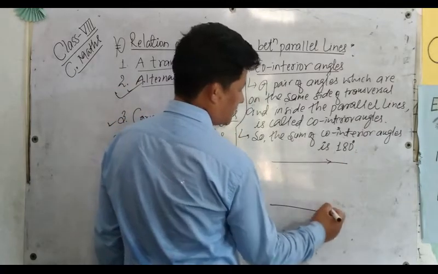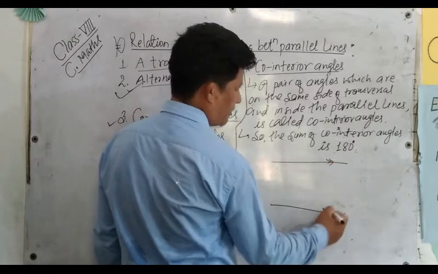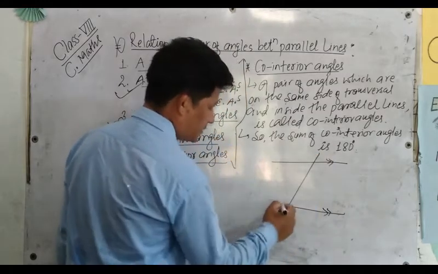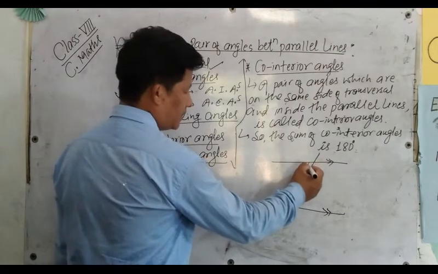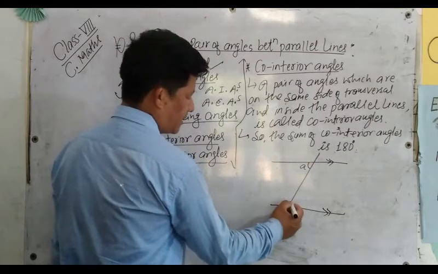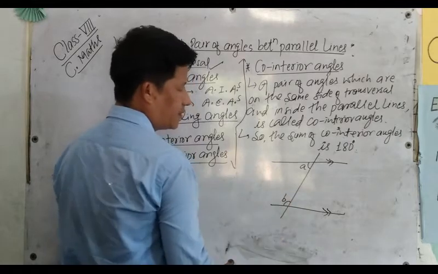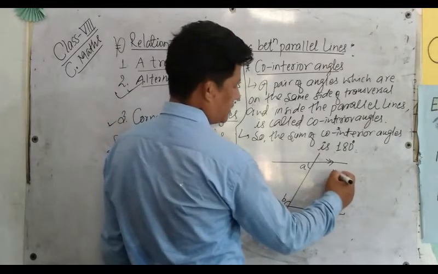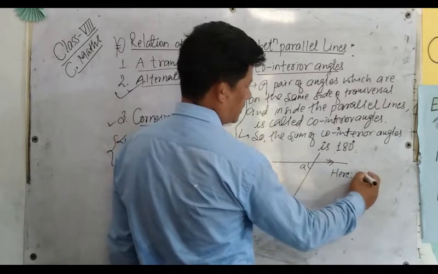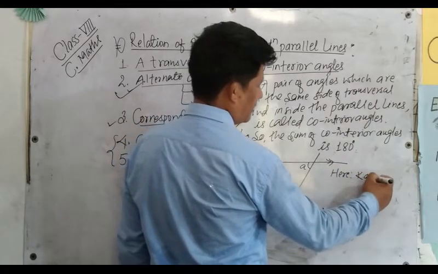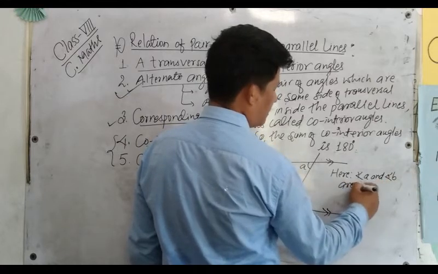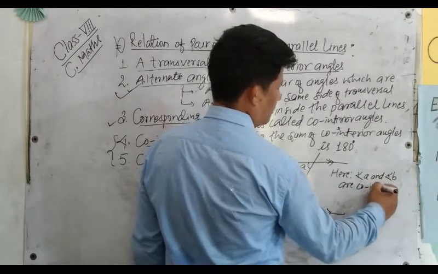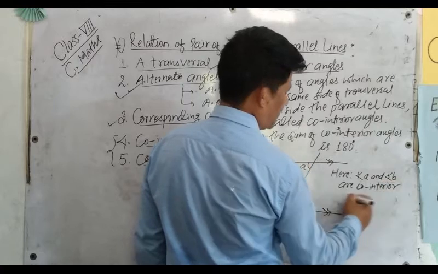I will show you here. If these two lines are parallel, then this is the transversal. If this angle is A and this angle is B, then angle A and angle B are co-interior angles.